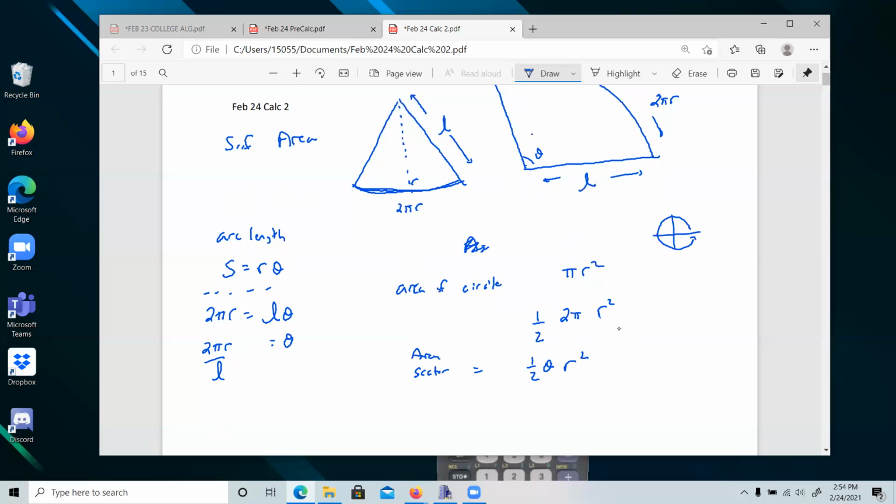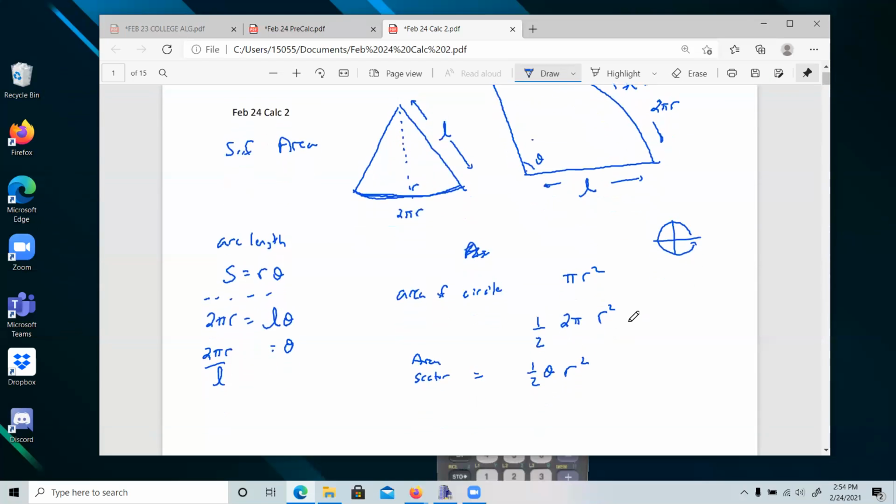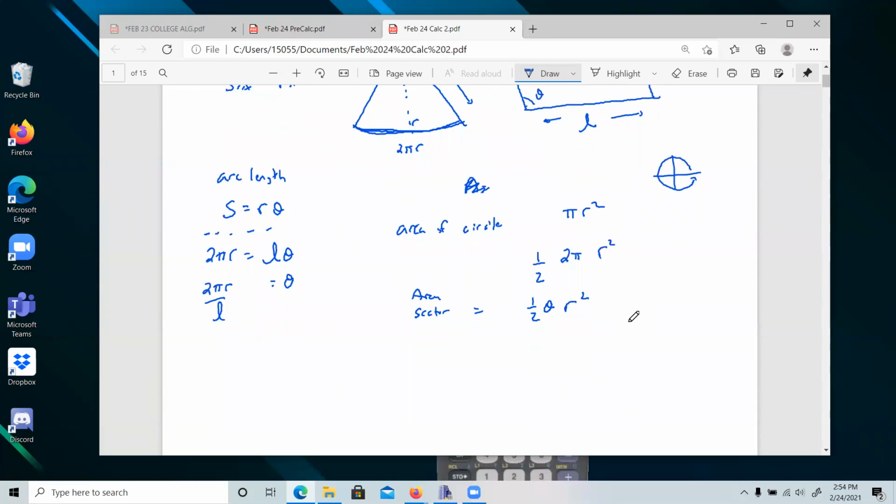I'm sure if you go back and look at chapter 1 in trigonometry, or your first page of notes from your trigonometry class, I'm sure you all have it. I never did, so whatever. But there we have that.